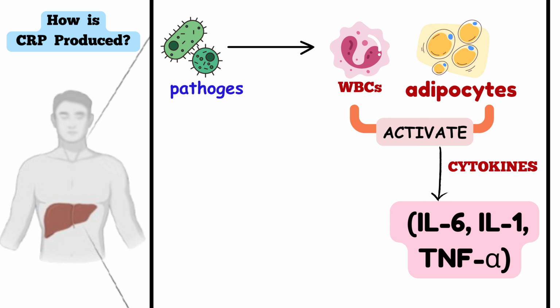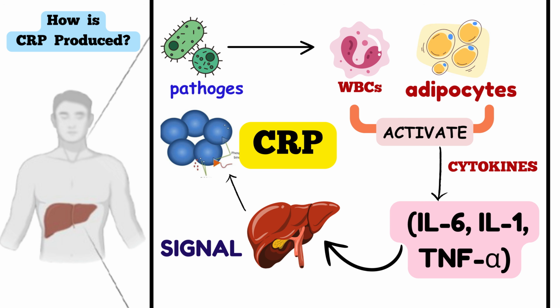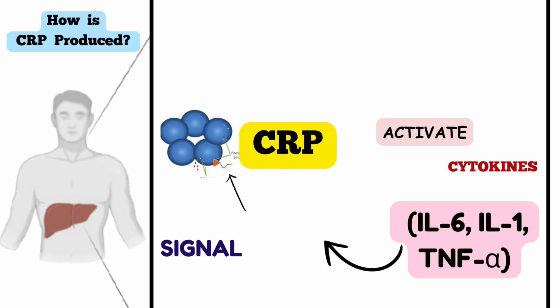And these cytokines travel through the blood and reach the liver, and they give the signal to the liver. And once the liver receives this message, it gets activated and starts producing C-reactive protein as a response. Now the CRP protein enters the bloodstream and its level rises significantly during inflammation. And that is what we detect in the CRP test.